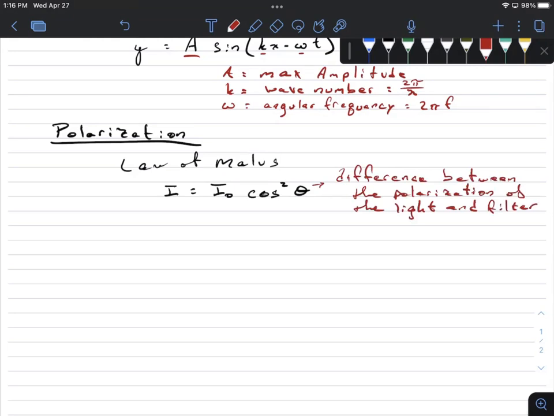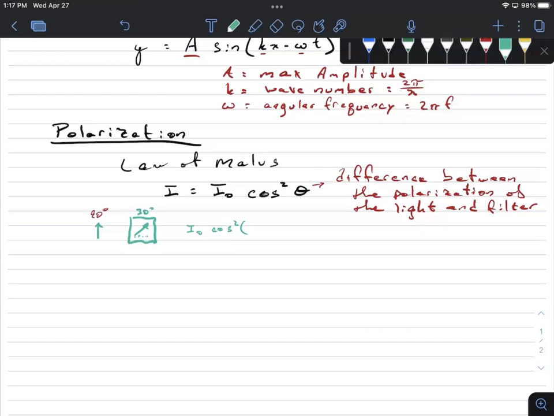And so a typical example looks something like this. Here's light polarized up. Here's a filter that's polarized at some angle. Let's say it's 30 degrees. For this particular example, I want to know what intensity of this light will make it through this filter. Well, it's I naught times cosine squared of theta, where theta is the difference between the light coming in, which for us is 90 degrees, because it's vertical, it's upwards, and 30 degrees, which is the filter.